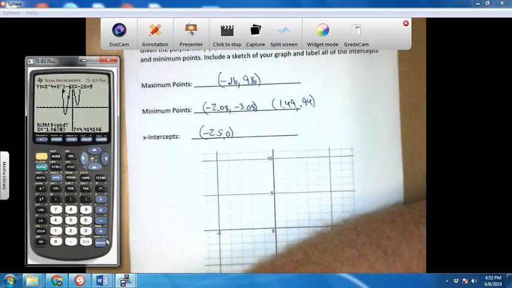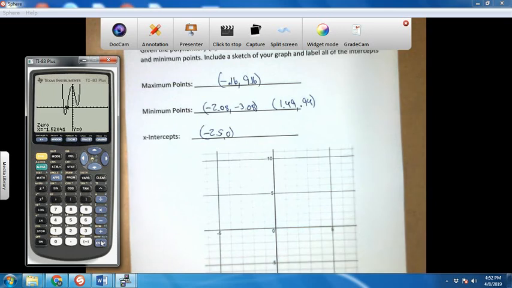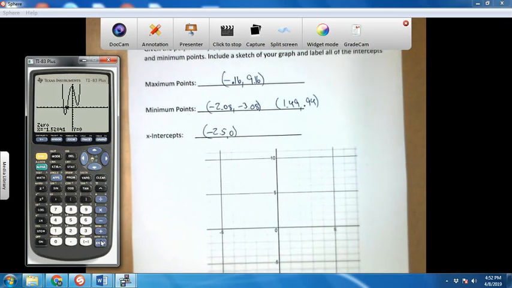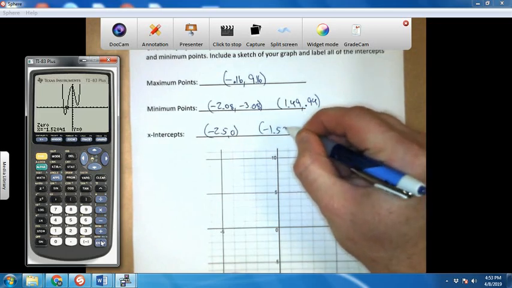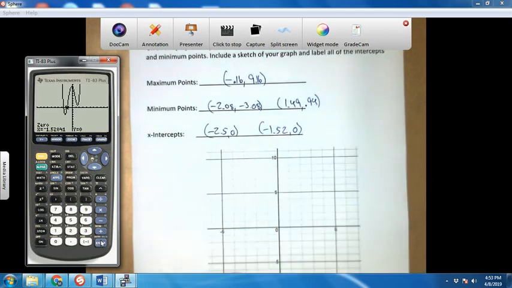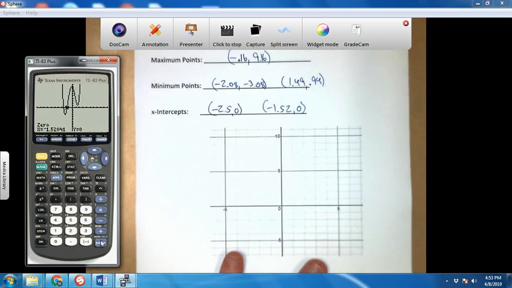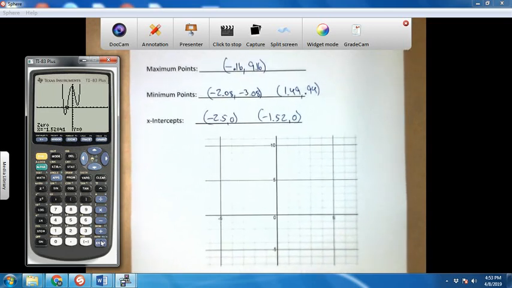I'm going to press enter again. It's going to stop looking there. Now I'm going to press enter, and it's going to tell me that the other intercept is at about negative 1.52, comma 0.